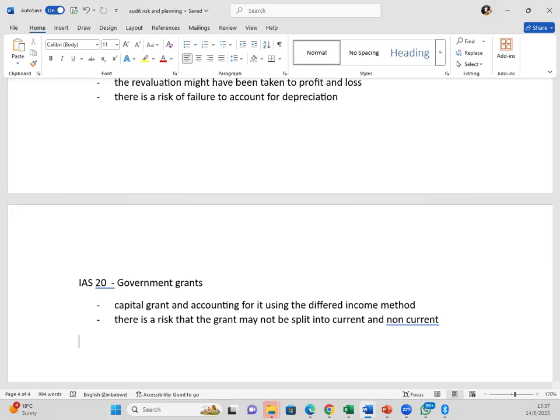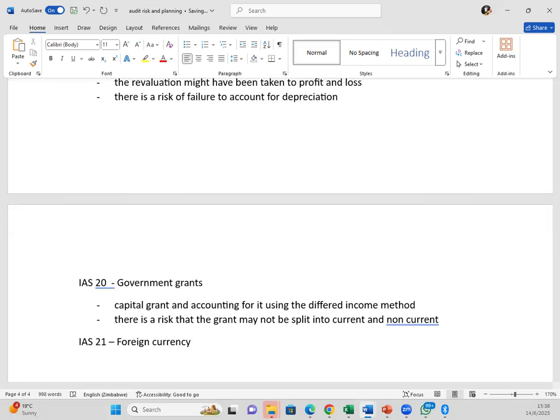Then also we have IAS 21, foreign currency transactions.